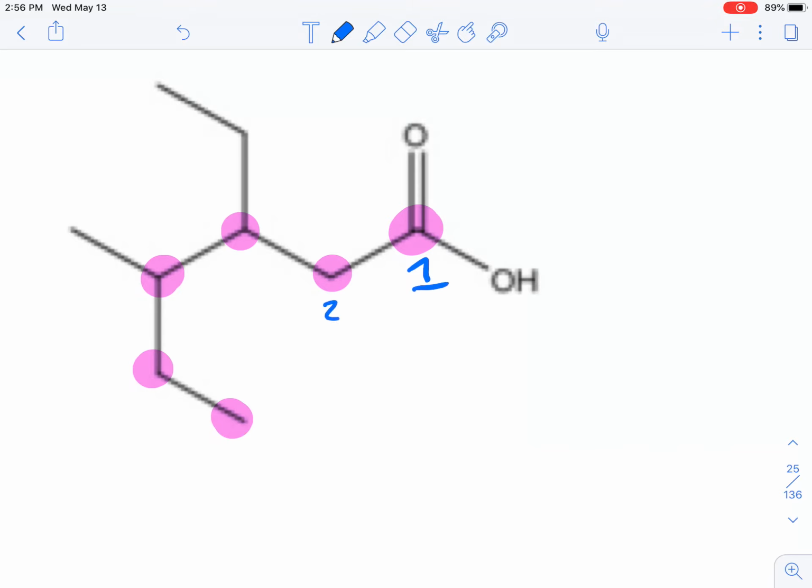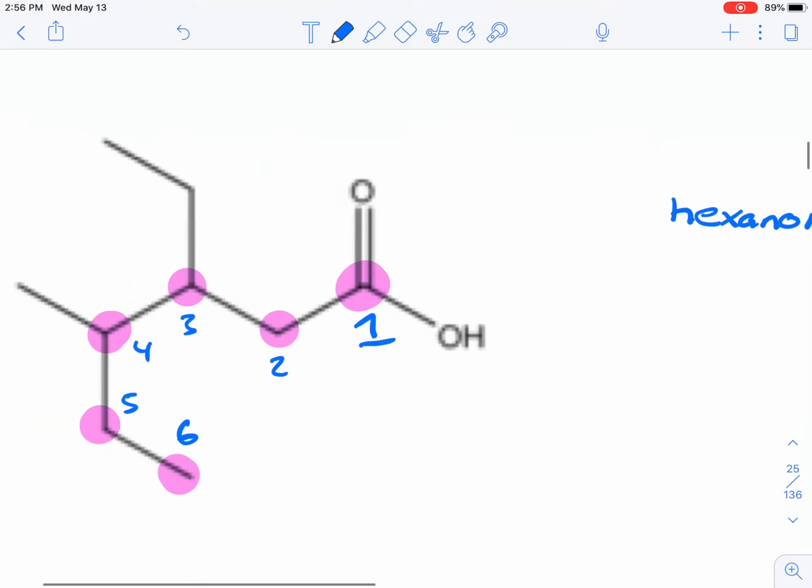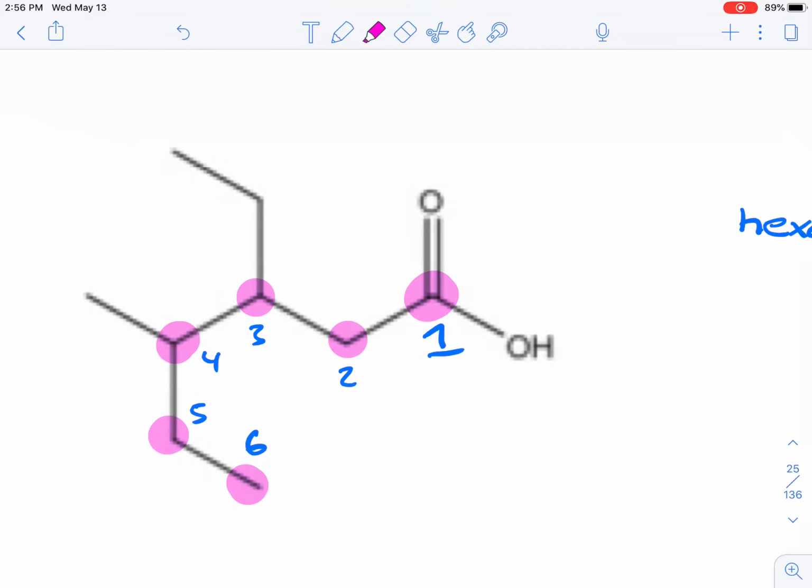So that's 1, 2, 3, 4, 5, and 6. And so overall, we're going to have hexanoic acid as the name of the parent chain. So everything that's not highlighted in pink is going to represent our substituent.